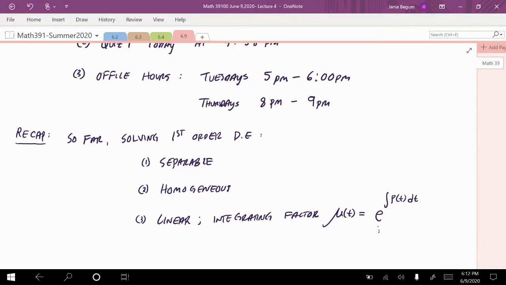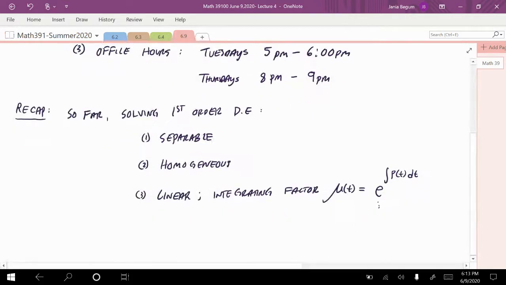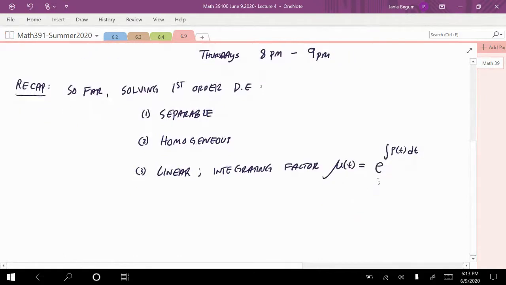So that's that. And now today we're going to talk about the last method, which is the fourth method to solve first order equations. That's going to be our focus for section 2.6. And after that, we're going to go back to applications of first order, section 2.3. So first, my goal is to just finish up all the methods, and then we'll do applications.